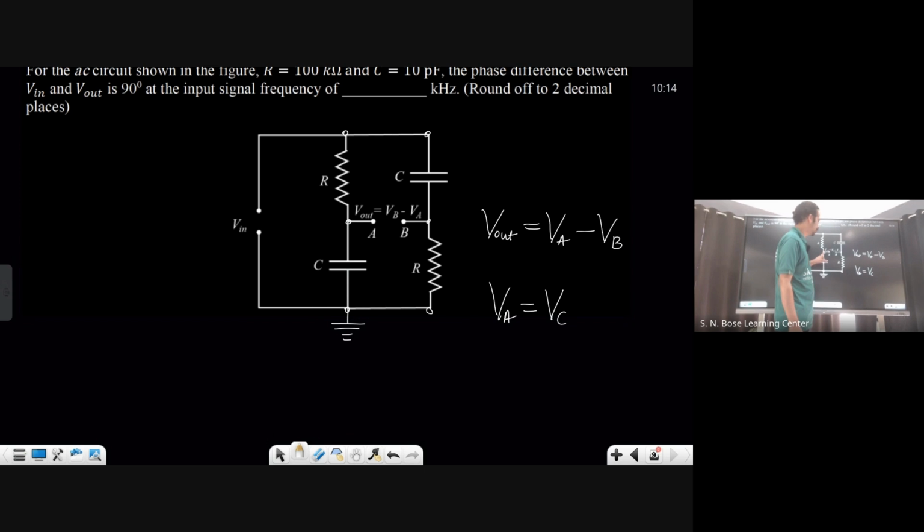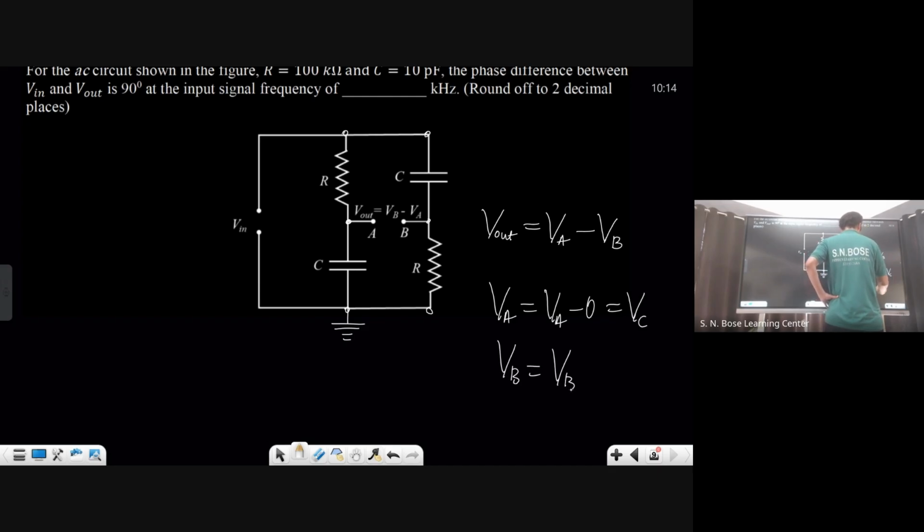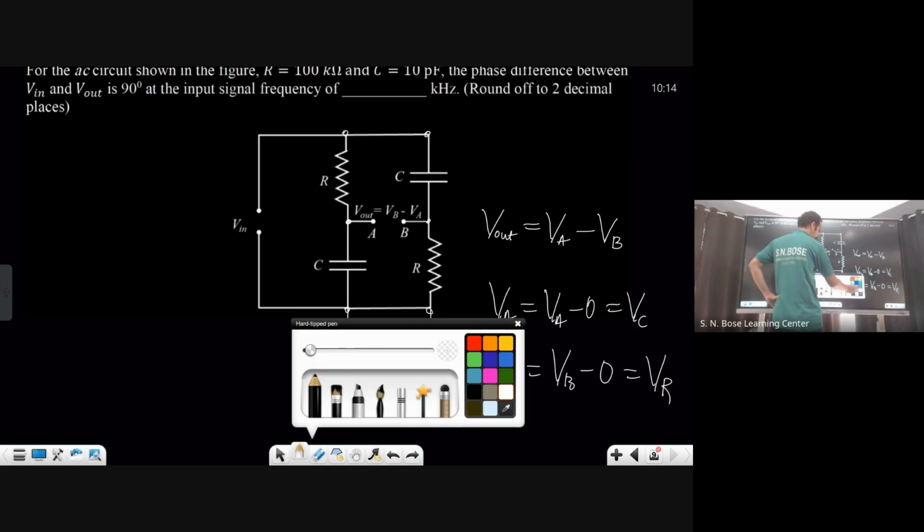Potential at A is the potential difference between A and this ground, that's nothing but VC. V at A is V at A minus 0. V at B is V at B minus 0. This is also ground. You got it? That's nothing but V at R, this R and this C. You got it?